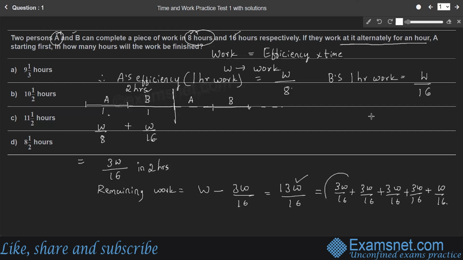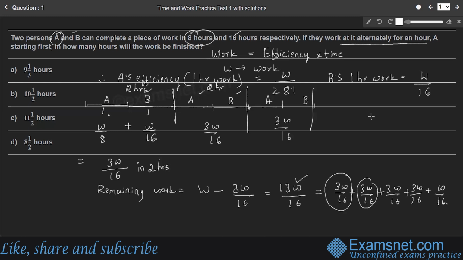In that, first 3W by 16 will be done by A and B in the third and fourth hour, right? In the next 2 hours, A and B will be doing 3W by 16 amount of work. And in the next 2 hours, A and B will be doing 3W by 16 amount of work.